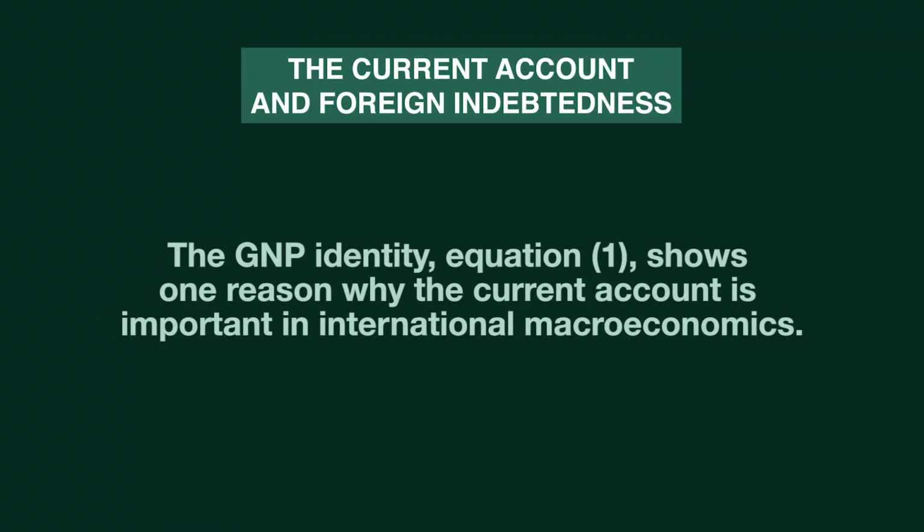Now, the GNP identity of Y equals C plus I plus G plus NX shows one reason why the current account is important in international macroeconomics.